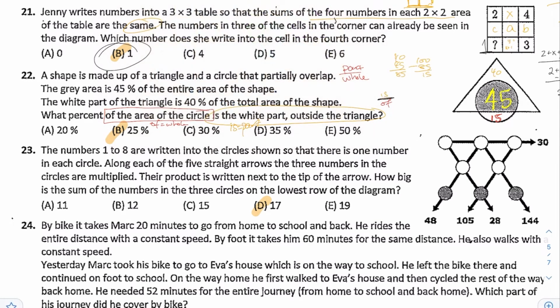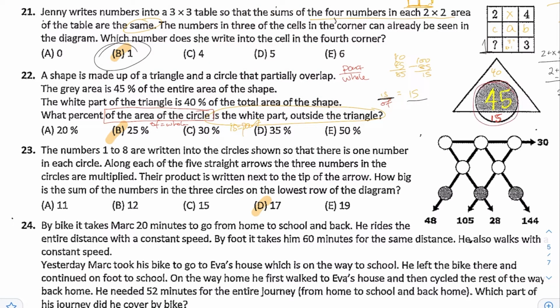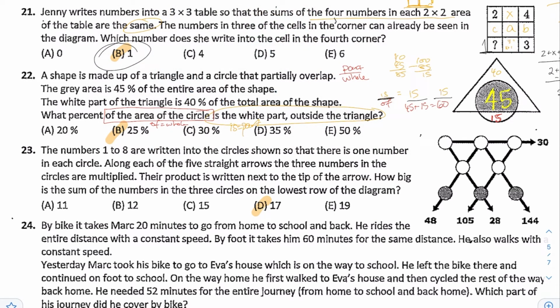And the is part represents the white part outside the triangle, which in this case refers to the 15. And you're taking that over the of, which is the whole, and of the area of the circle. So the area of the circle, you don't know what it is, but it's 45 plus 15, or 60. So your fraction is 15 over 60. It's just part over whole, and 15 over 60 is equal to 1/4, or 25%.